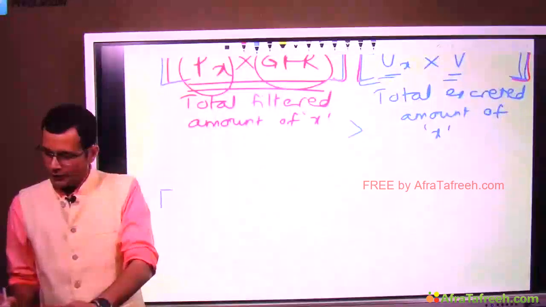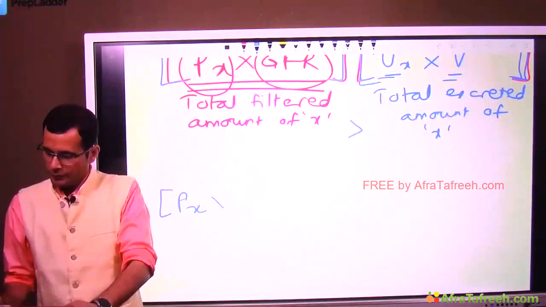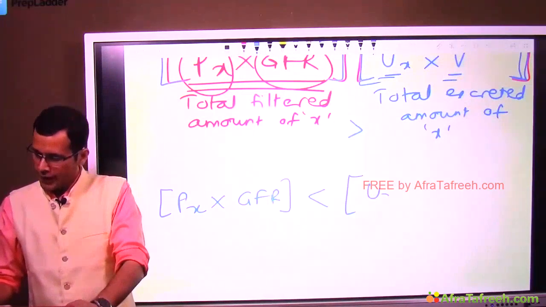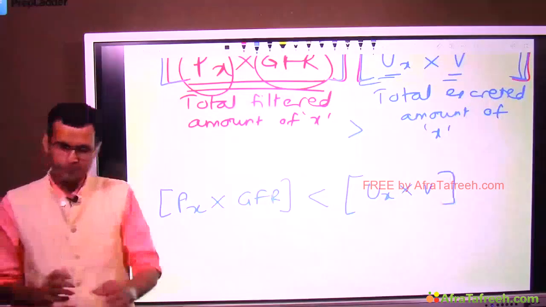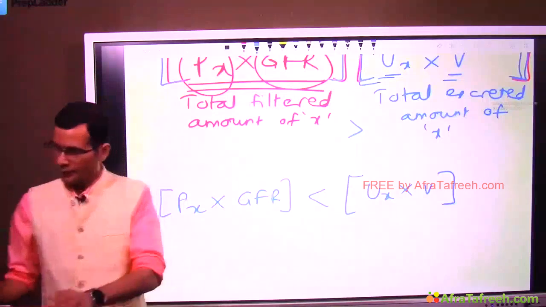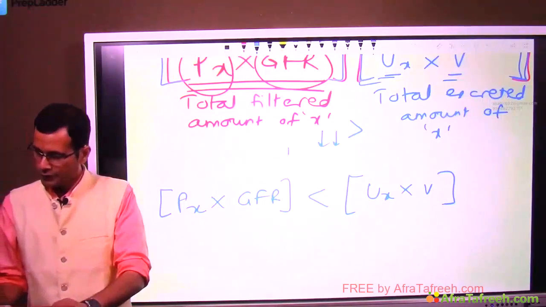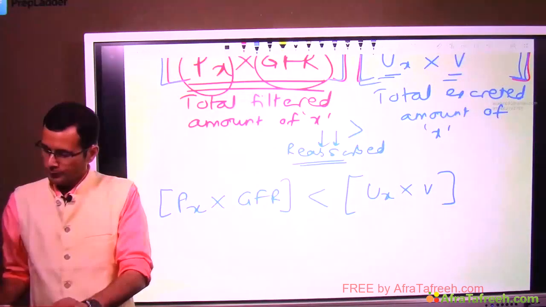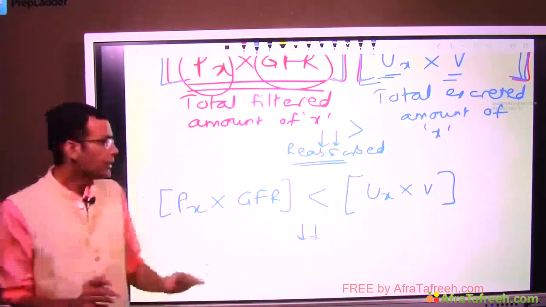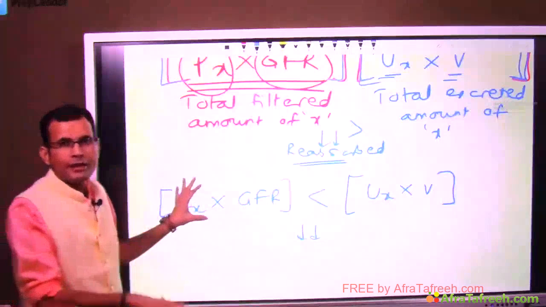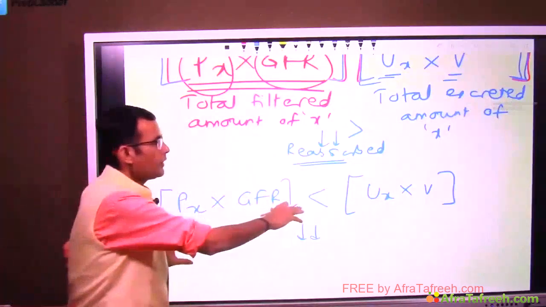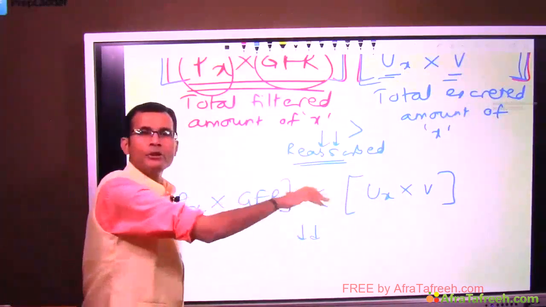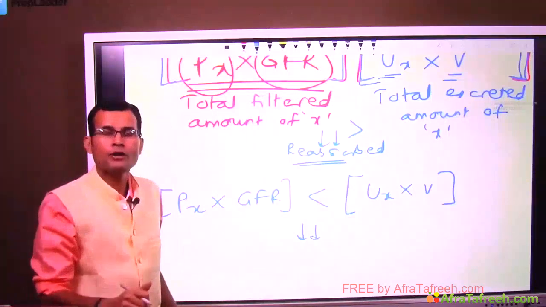On the other hand, if I say Px into GFR is less than Ux into V, what will you say then? Let me write the first one. This means the substance was reabsorbed. And if the filtered amount is less and more than that is coming into the urine, it means what?